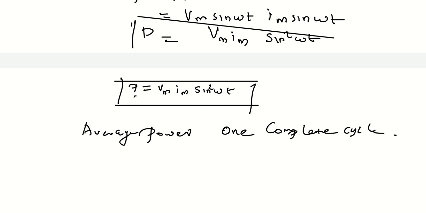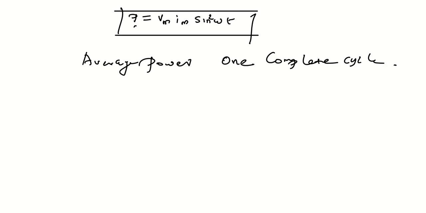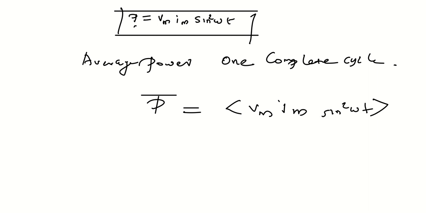For that we have to find the average. So the average power, represented by P bar, is equal to the average of Vm Im sin square omega t. We know that the average of sin square omega t is equal to half.